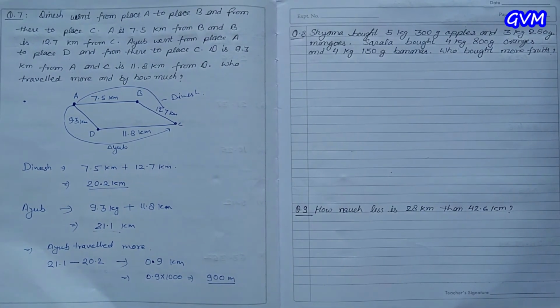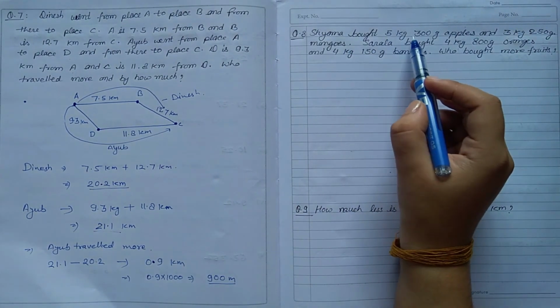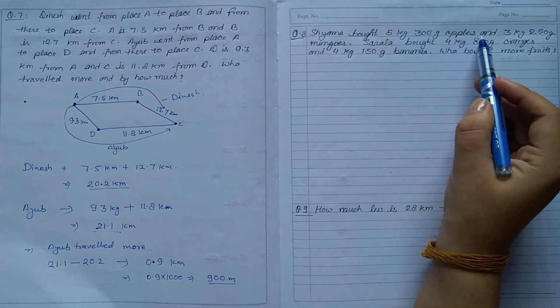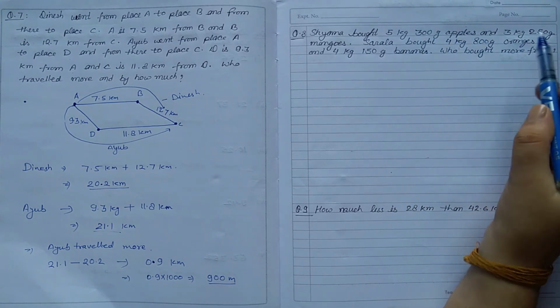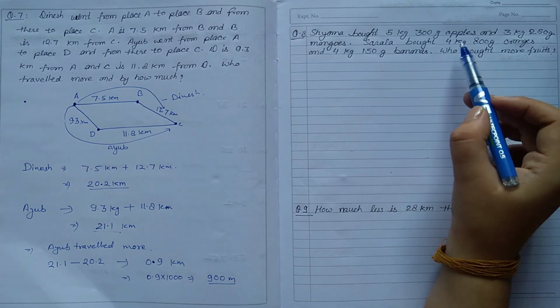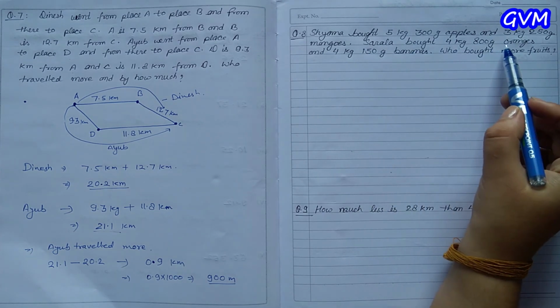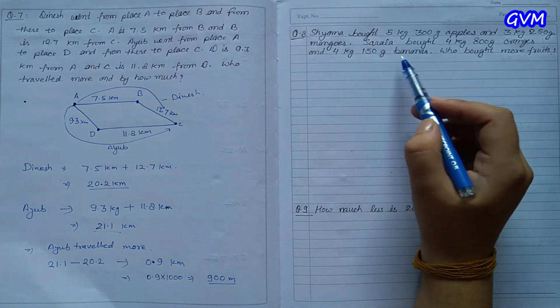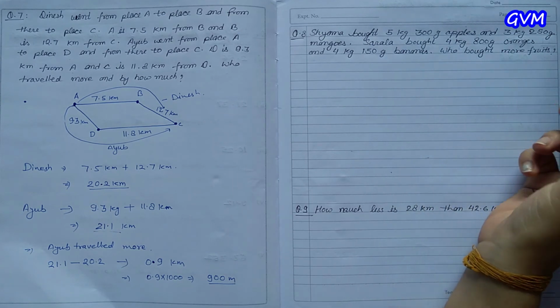Question number 8: Shama bought 5 kg 300 grams apples and 3 kg 250 grams mangoes. Sarla bought 4 kg 800 gram oranges and 4 kg 150 gram bananas. Who bought more fruits?